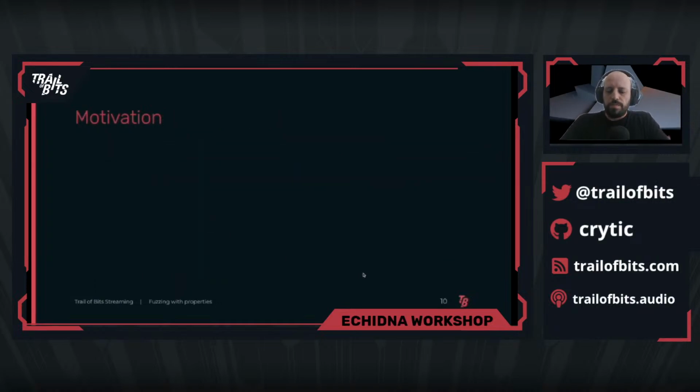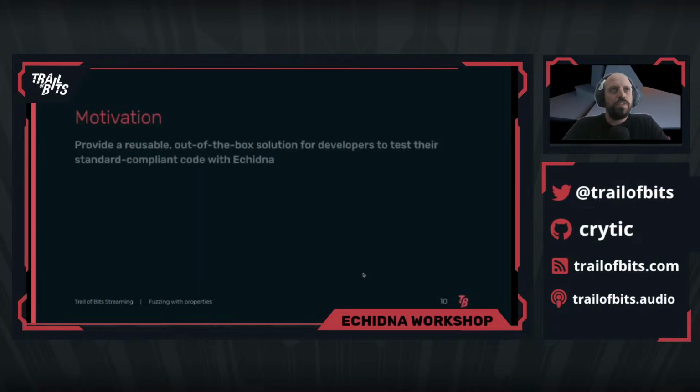Let's talk a bit about what motivated us to do and release this repo with properties. We wanted to provide a reusable, out-of-the-box solution for developers to test their standard compliant code with Echidna. We know that fuzzing tests are not so popular, and we wanted to make sure that fuzzing tests become the norm in testing smart contracts.